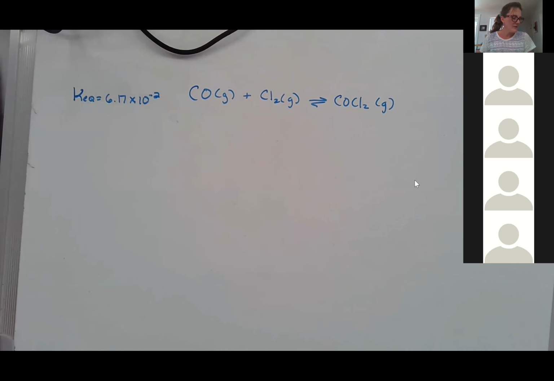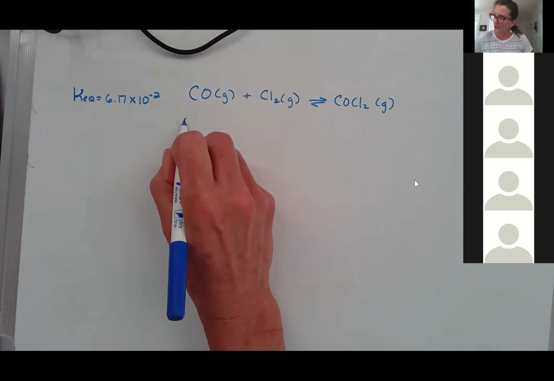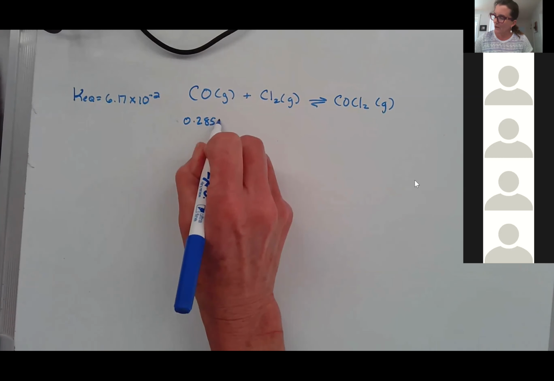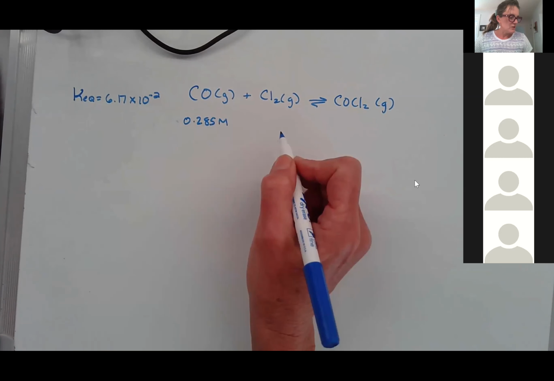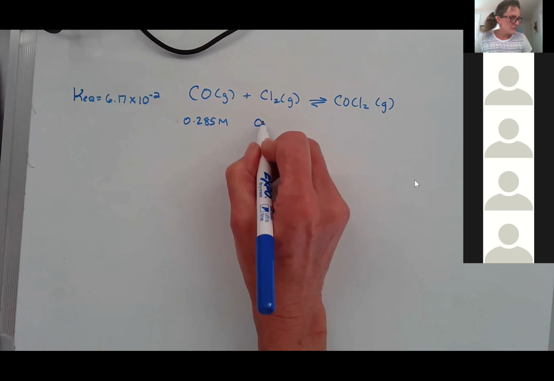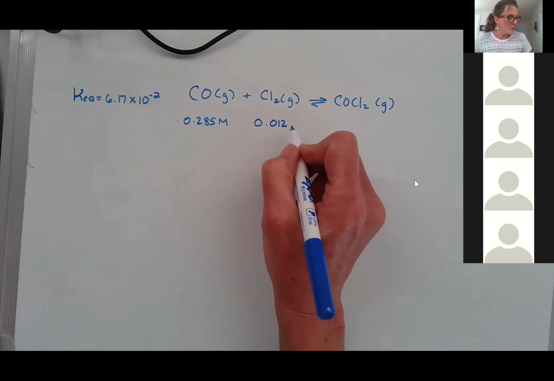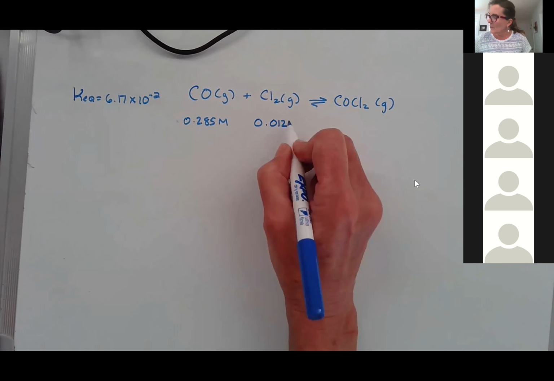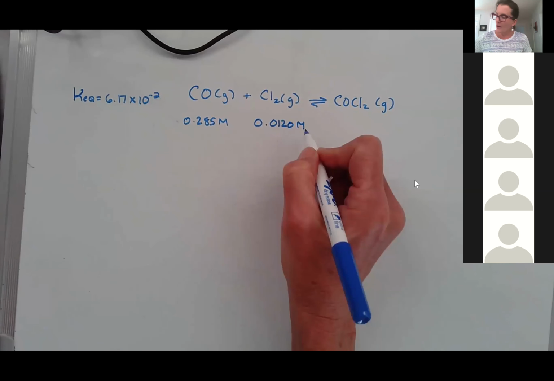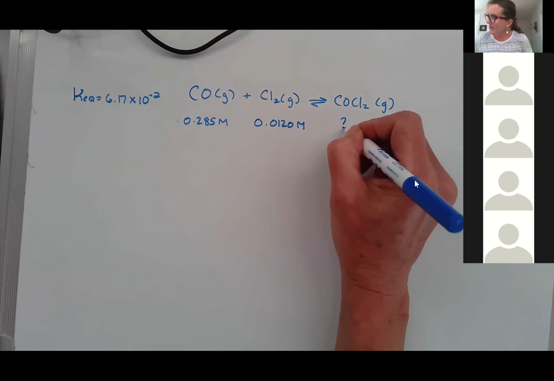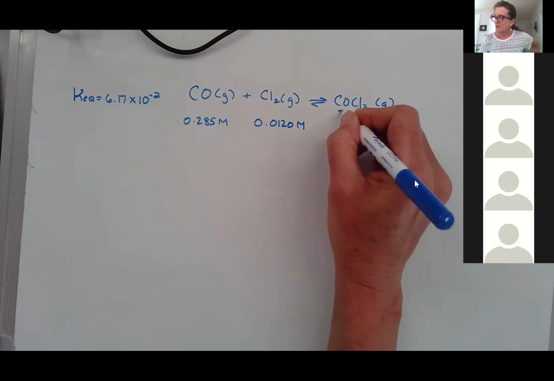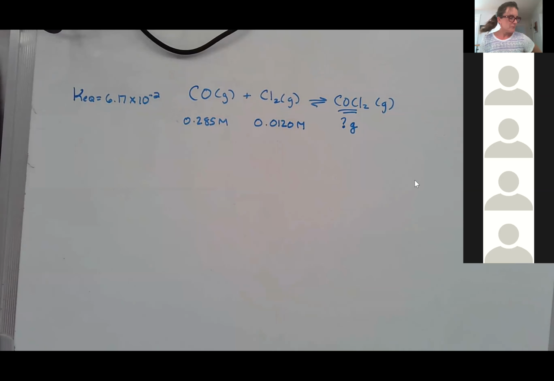You're also given that at equilibrium, the concentration of carbon monoxide is 0.285 molar, and the concentration of Cl2 is 0.0120 molar. You'll have different numbers with your individual homeworks. The question is, what is the mass of the product gas at equilibrium?